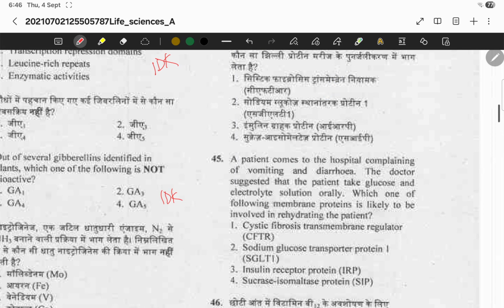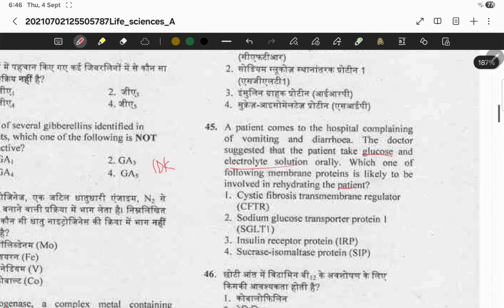A patient comes to a hospital complaining of vomiting and diarrhea. The doctor suggested that the patient take glucose electrolyte solution orally. Okay, glucose and electrolyte, very nice. Which one of the following membrane proteins is likely to be involved in dehydrating patient? The options are cystic fibrosis transmembrane regulator, sodium glucose transporter protein 1, insulin receptor protein, sucrose isomaltase protein.